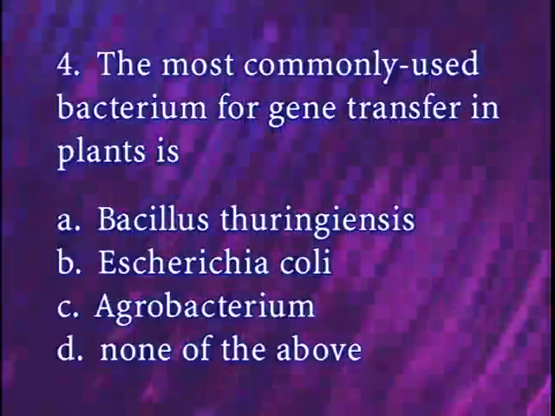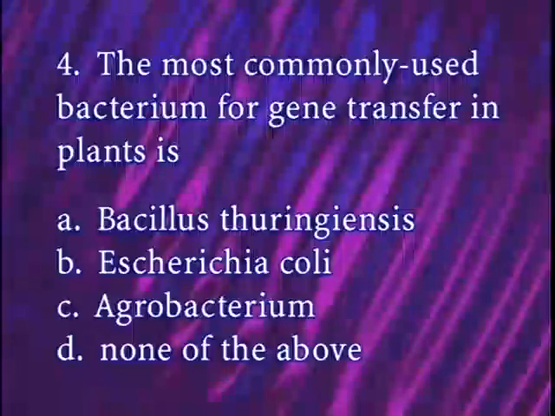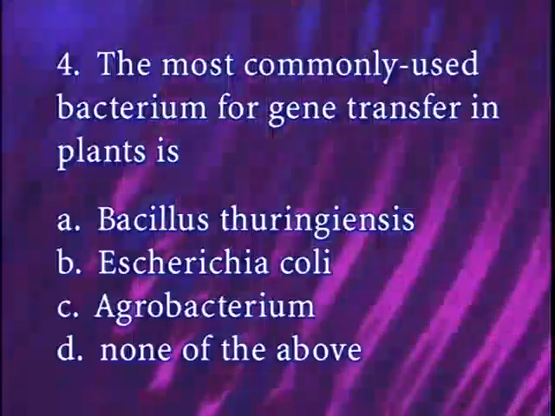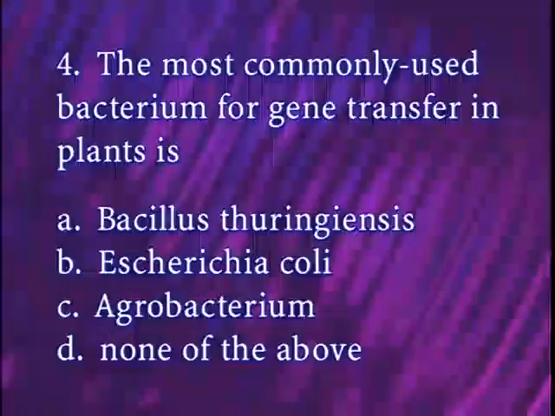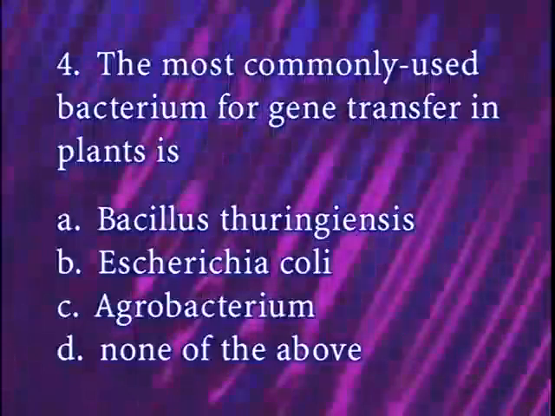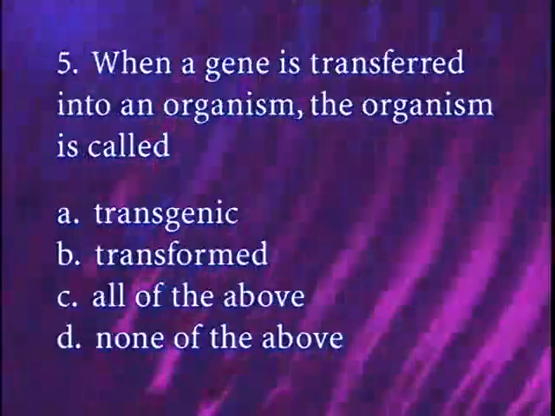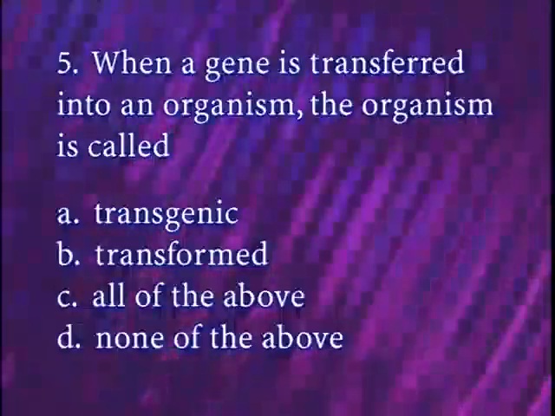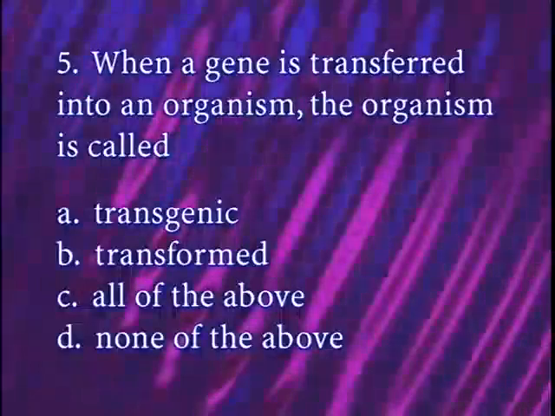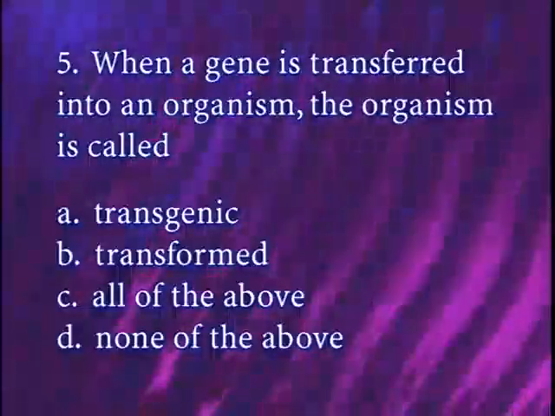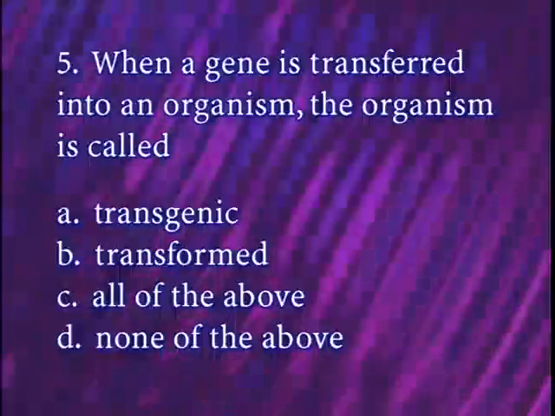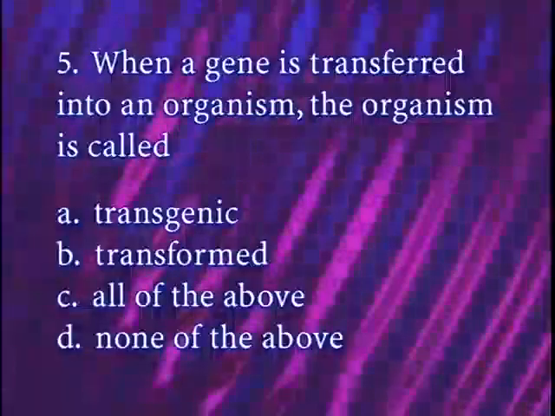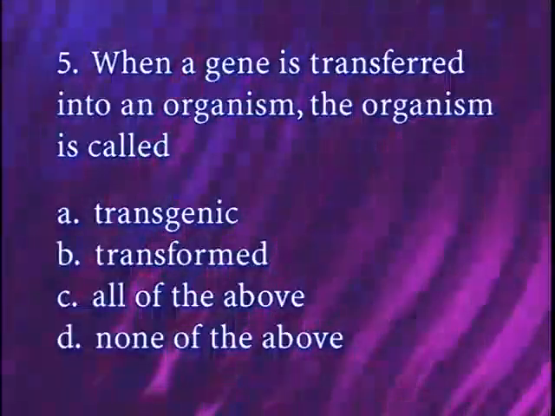B. Escherichia coli. C. Agrobacterium. D. None of the above. When a gene is transferred into an organism, the organism is called A. Transgenic. B. Transformed. C. All of the above. D. None of the above.